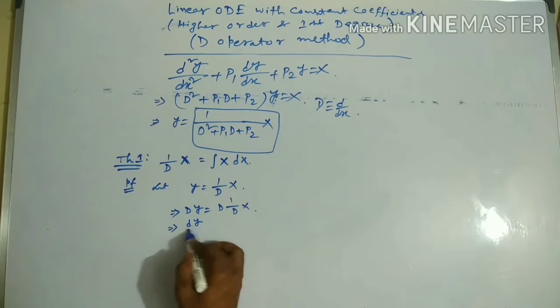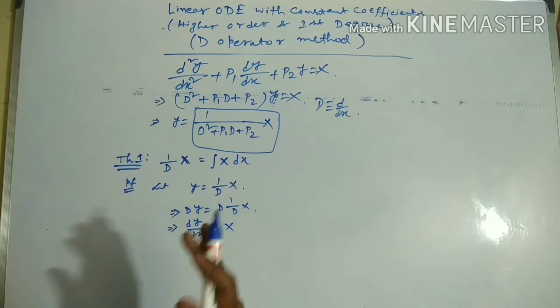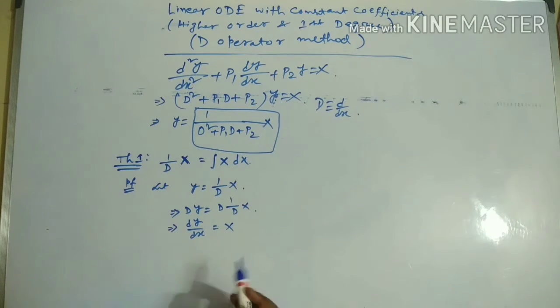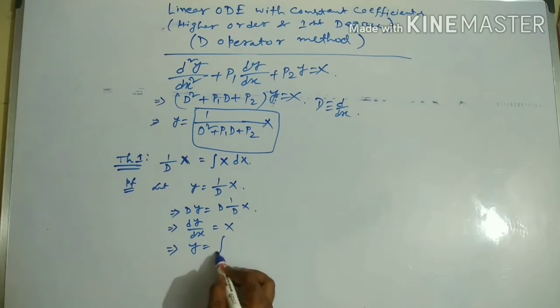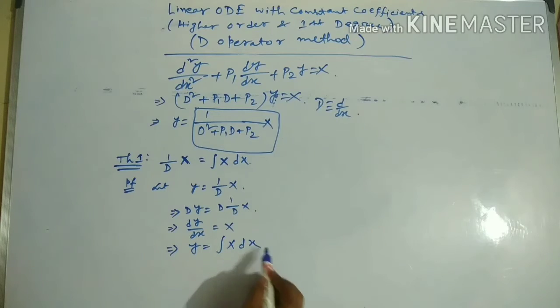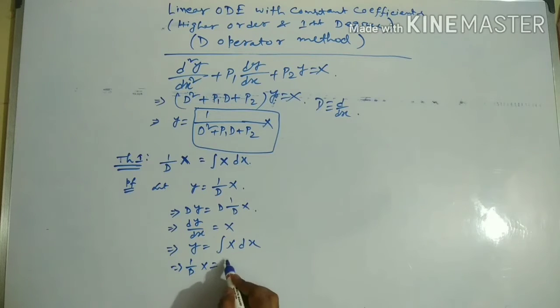So this will be dy dx, and this will be capital X, because differentiation and integration work as reverses of each other. So if dy dx is equal to capital X, then y will be the integration of capital X dx. Therefore 1 by D of capital X is equal to the integration of capital X dx. So this is the proof. This is very important for solving PI. As you know, D is the differential operator, so 1 by D is the integral operator.